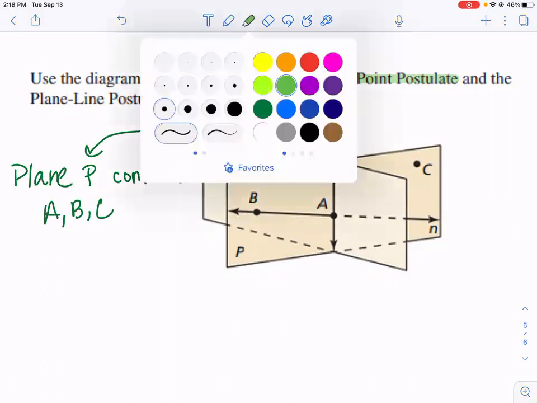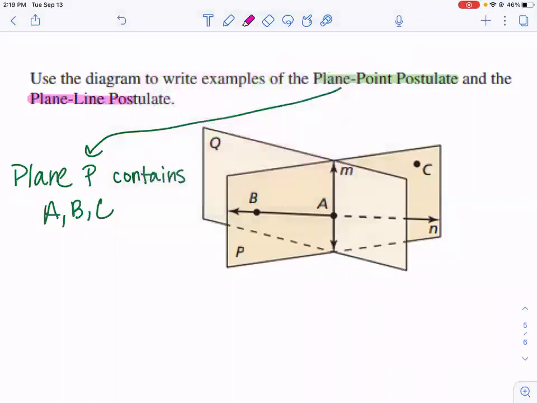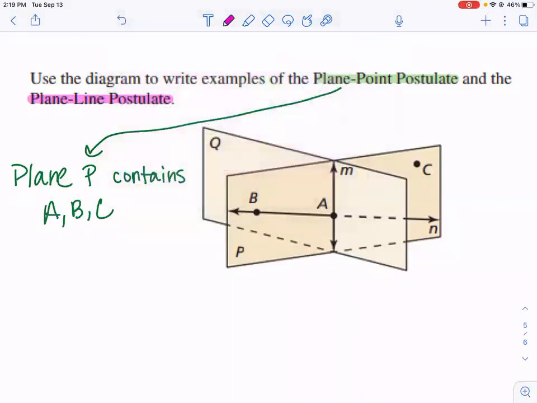Now I want somebody to read the plane line postulate. Paxton, how about you do that for me? If 2 points lie in a plane, then the line also lies in the plane. So Jonah, are there 2 points that a line is going through?